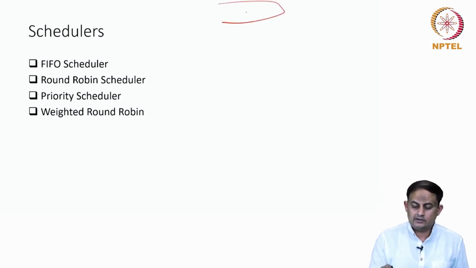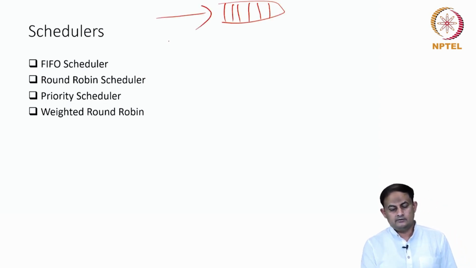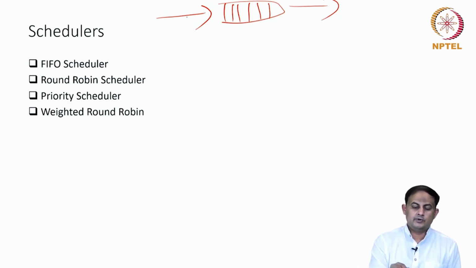You have got a queue in the router, and the packets are arriving at the input port and exiting at the output port, and in between you have this queue. What you do is you pick up the packets from the input port and put them inside this queue. Let us say P1 is the first packet arriving, P2 is the next one, P3, P4, P5 and P6.